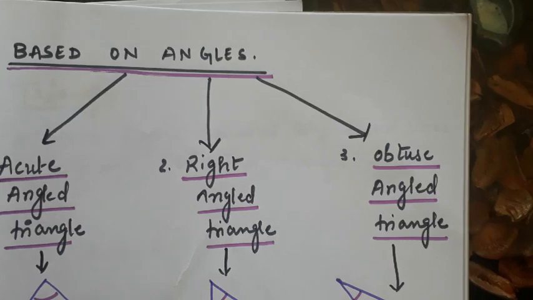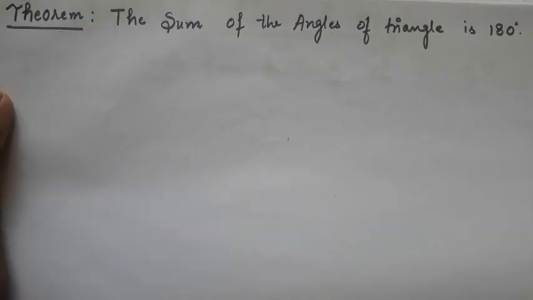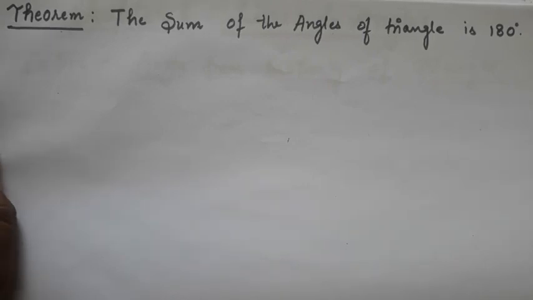Now let's move to the theorem based on the angle sum property. Here is the statement of Theorem 6.7: the sum of the angles of a triangle is 180 degrees. Now we will try to prove this theorem.